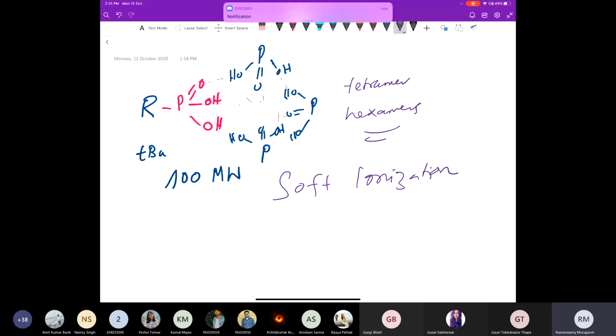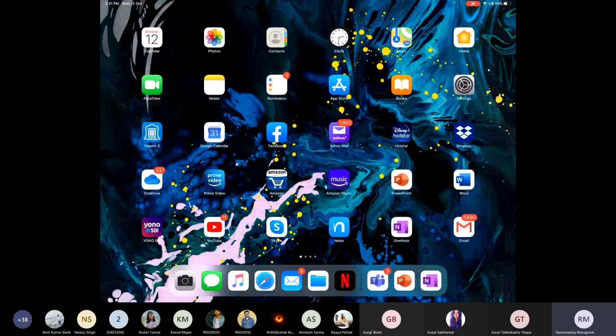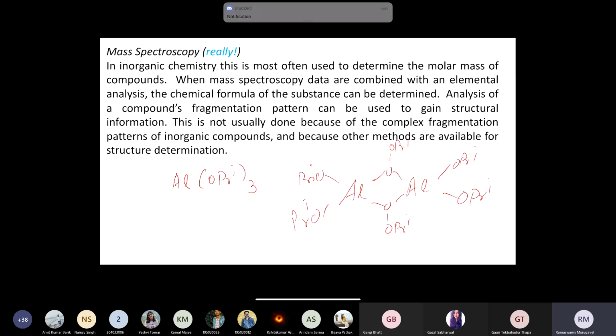So mass spectrometry goes a bit further for inorganic chemists compared to organic chemists, because apart from telling you whether I have aluminum isopropoxide, it can tell me whether it's monomeric or dimeric. In molecules such as BF3 and AlCl3, BF3 is monomeric and AlCl3 is dimeric. Such examples can be easily studied, which are covalently dimeric and covalently tetrameric.